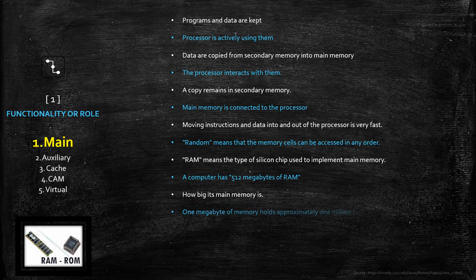And it is very interesting to know that 1 megabyte of memory is enough to hold approximately 1 million characters of a word processing document. 1 million means 10 raised to 6. That much data can be stored in 1 megabyte of memory.